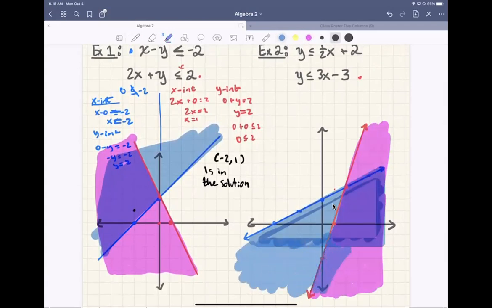And then, yeah, that's basically it. So let me just get that in, right? And our solution is gonna be the purple area, which is this area right here. To find a point on here, that's very easy. Let's try this one. That's 1, 2, 3, 0. 3, 0 is in the solution.